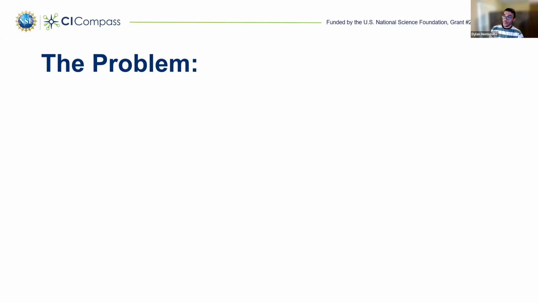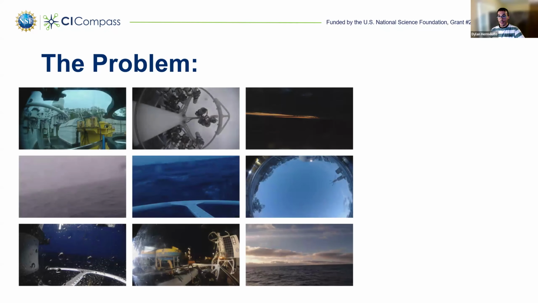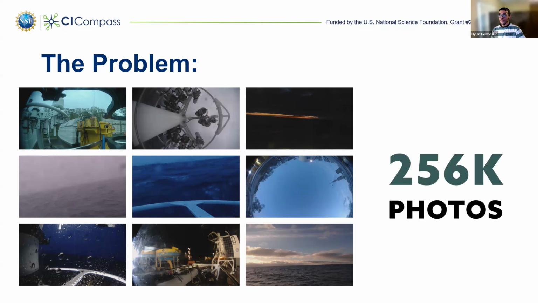The real problem, like I mentioned, is that there are all these cameras, but they're generating tons of wildly different images, different angles, different times of day. Not all the time are they at the Global array. Sometimes it's when the ship was being sent out the first time. From my initial data streams, I had about 256,000 still images captured around the clock from multiple angles.